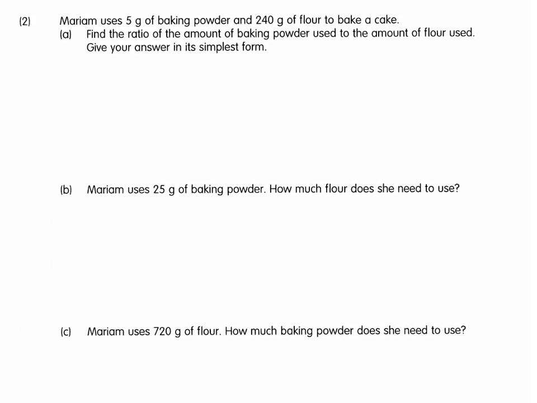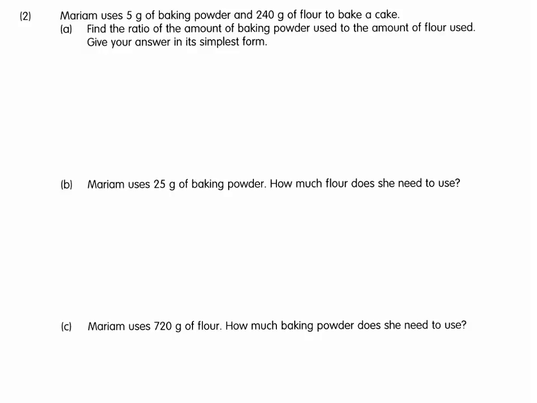Okay, Mariam uses 5 grams of baking powder and 240 grams of flour to make a cake. Find the ratio of the amount of baking powder to the amount of flour. So, powder to flour, Elliot. Okay, 5 is to 240.